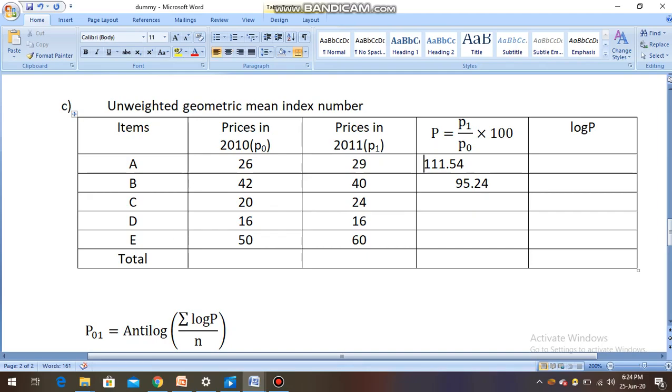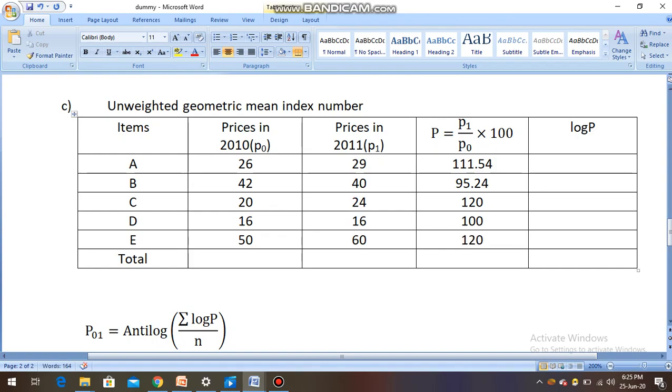Then for the third item, it is 24 by 20 into 100, which is 120. Then for the fourth item, 16 by 16 into 100, which is 100. Then for the fifth item, that is E, 60 by 50 into 100, which is also 120.